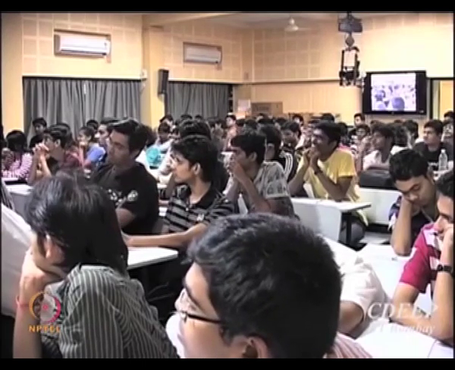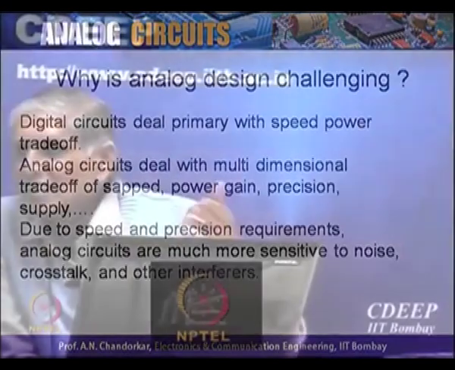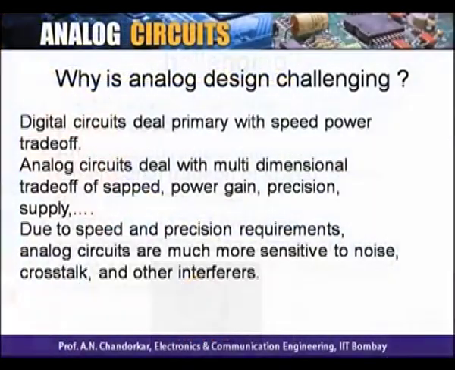In analog, these are not the only two parameters we worry about. This is unfortunate. We worry about speed, power, gain, precision, power supply variation, and many others, but at least 5-6 of them. You need large bandwidth, which is called speed. You need to be very precise.